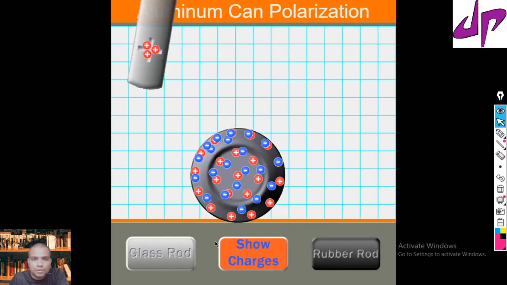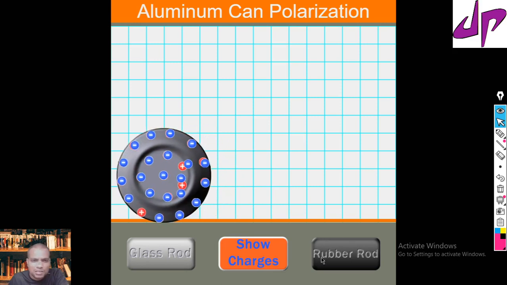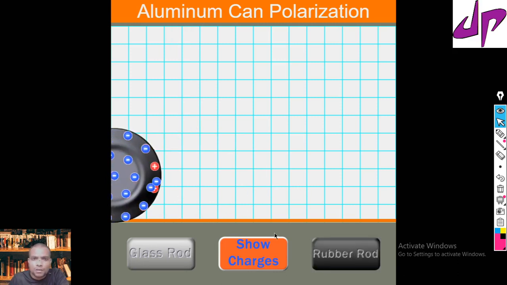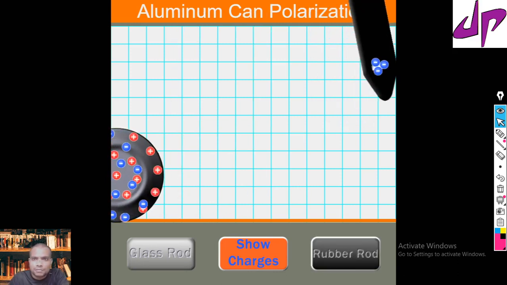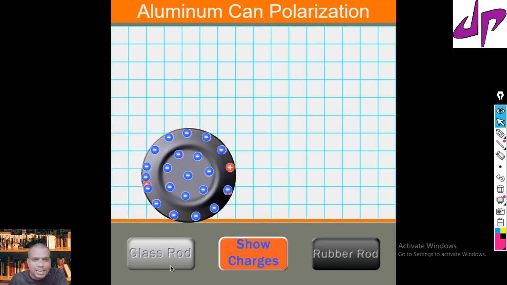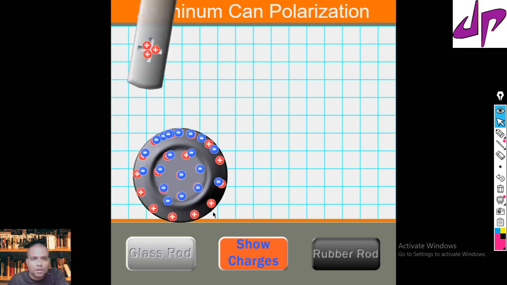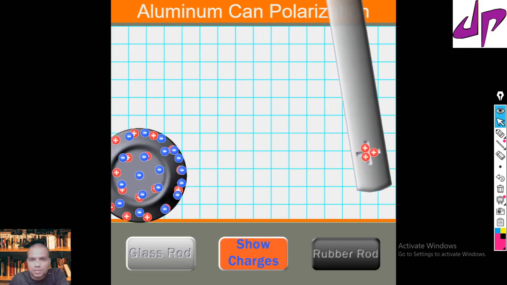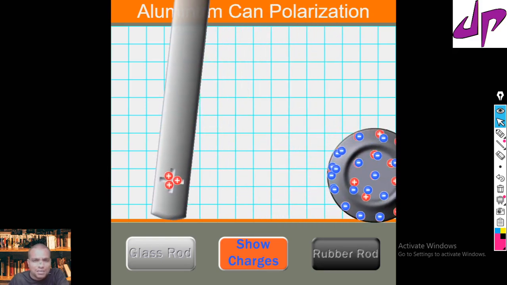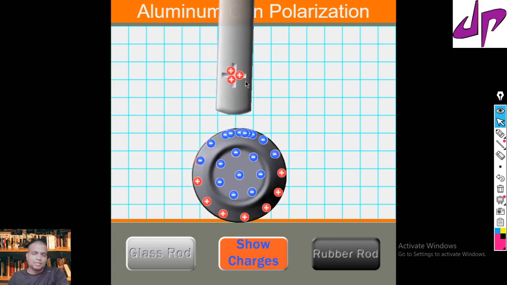Suppose I take out this rubber rod, and again the electrons will be aligned into the same positions. Now similarly, if you take a glass rod as a positively charged object, the electrons in the metal can are attracted towards it, since the metal can is having negative charges.